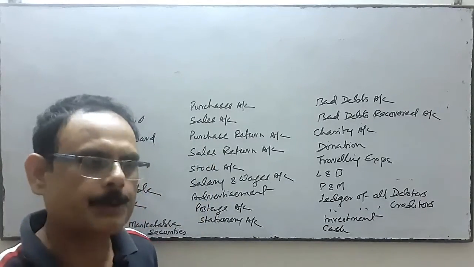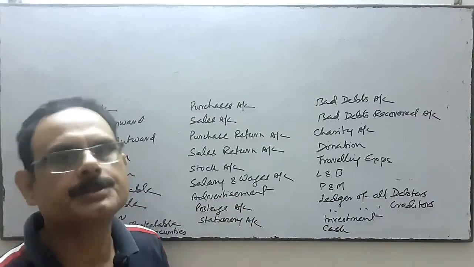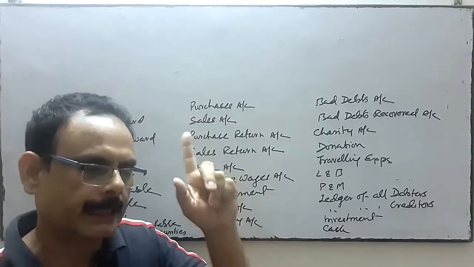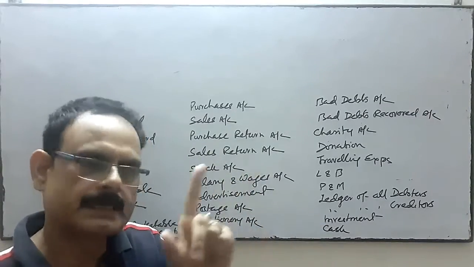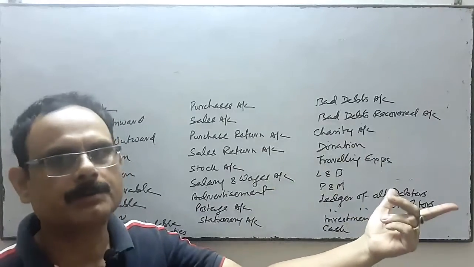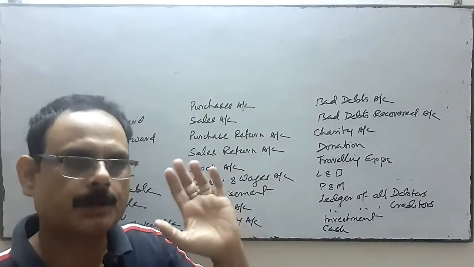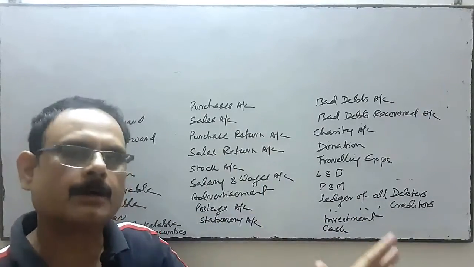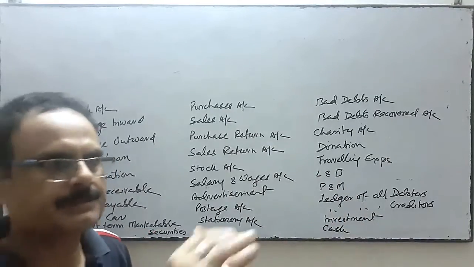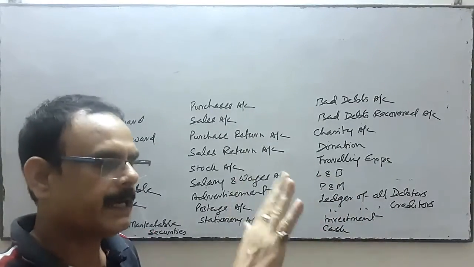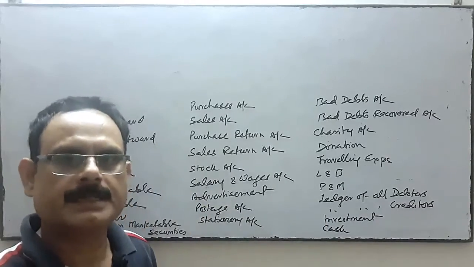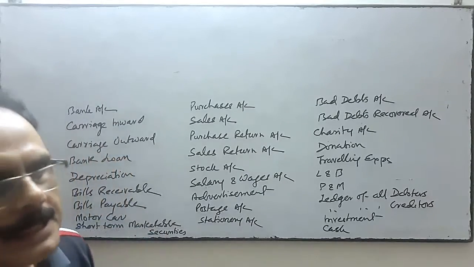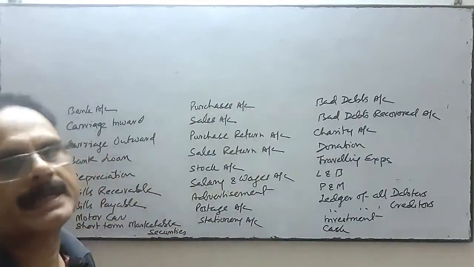and the information related to that will be shown at one particular place, and thereafter we will find out the balance of that ledger at the end of the financial year. As I told you, the real account and personal account balance will be carried down and brought down, but nominal account balance is not carried down and brought down. Nominal account balance will be transferred to the trading account and profit and loss account, meaning it is transferred to the income statement, and from the real account and personal account balance, if any, we prepare the balance sheet, which is carried down and brought down for the next financial year.